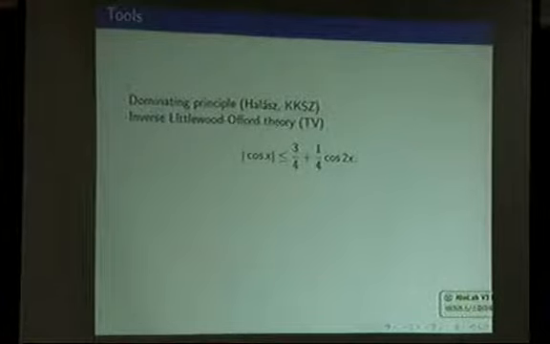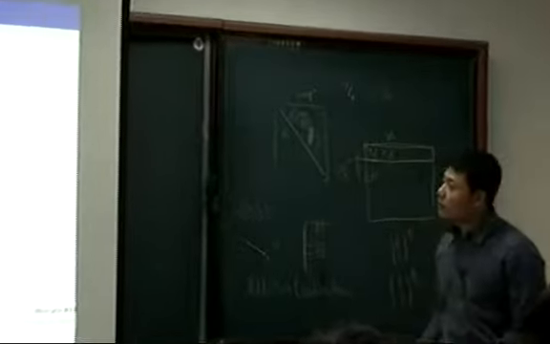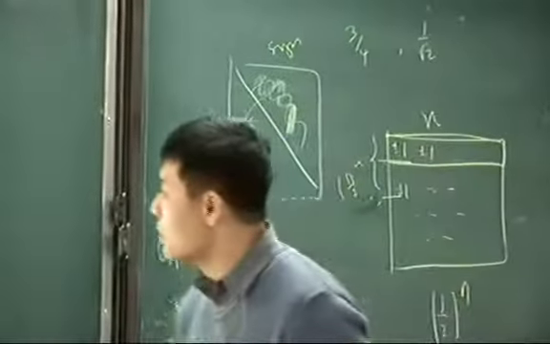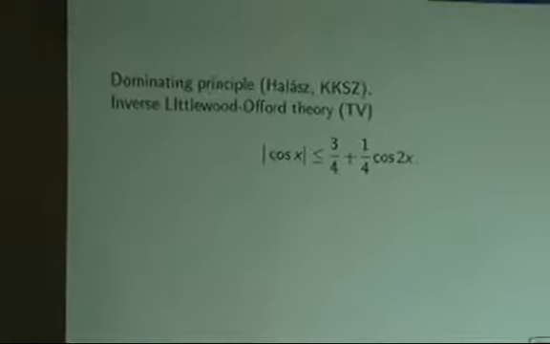The new ingredient Terence Tao and I introduced from additive combinatorics is what we call the inverse Littlewood-Oxford theory, and that now allows you to derive this kind of bound, the 3/4 bound or the 1 over square root 2 bound, very easily from just a simple trigonometric inequality like this.